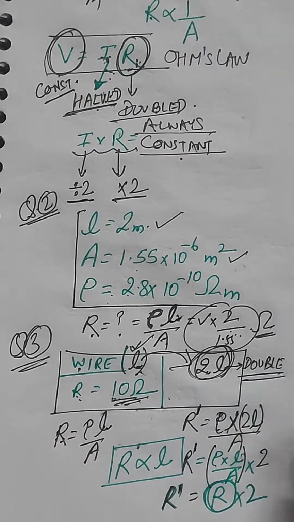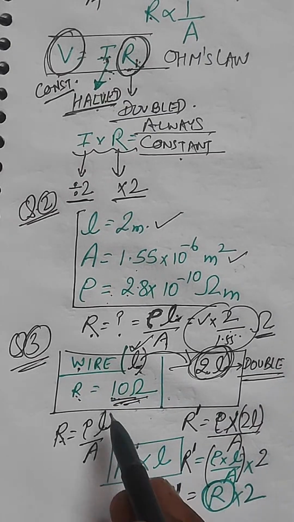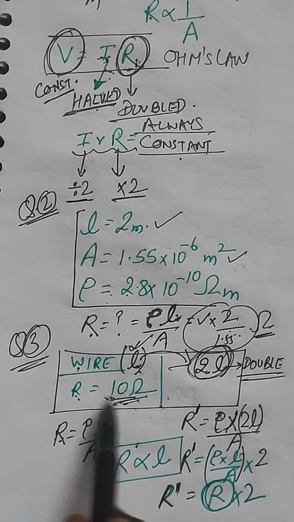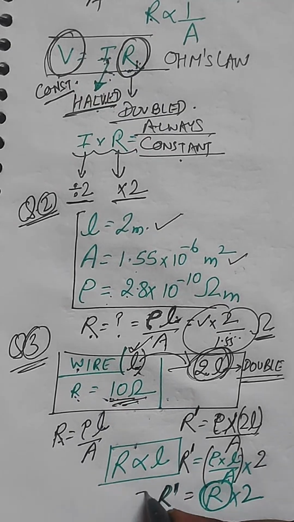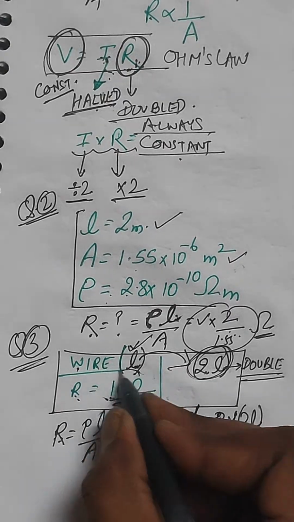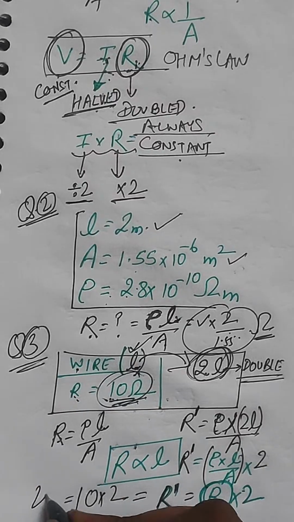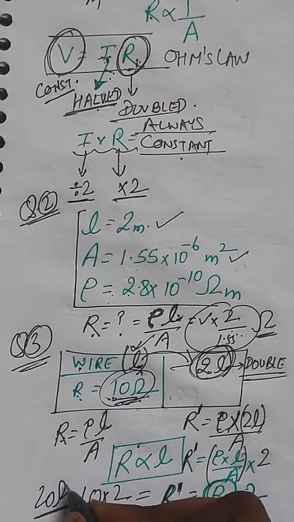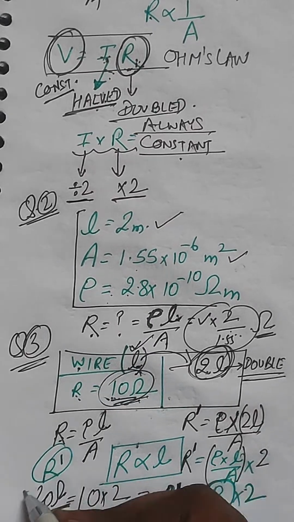In that case, using this formula, if the earlier resistance was 10 ohm, the new resistance will be 10 into 2, because R into 2 and R is 10 ohm. So this will give you 20 ohm. 20 ohm is the value of new resistance R dot.